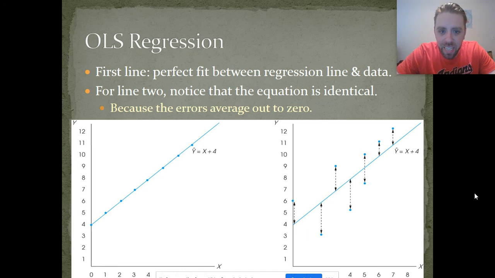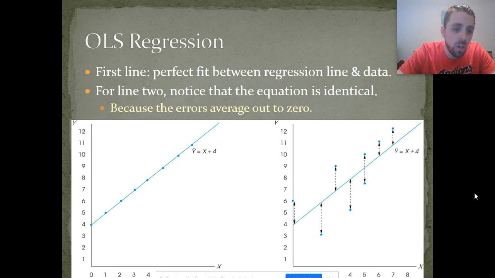So what you're seeing here is 2 independent examples of OLS regression. What's happening here? Let's look at the equation on the left. The first line is a perfect fit between the data and the line that's drawn through that. Therefore, there is no error term that you need to actually put there, right?